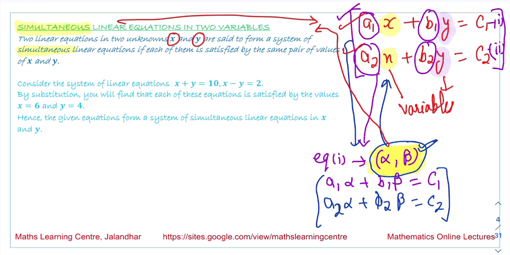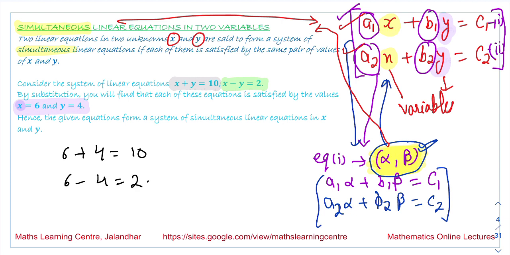So we are considering the system of equations, say x plus y is equal to 10, and second, x minus y is equal to 2, and we are talking about a solution x is equal to 6 and y is equal to 4. If we put the values in both these equations, we get 6 plus 4, that is equal to 10, and 6 minus 4, that is equal to 2.